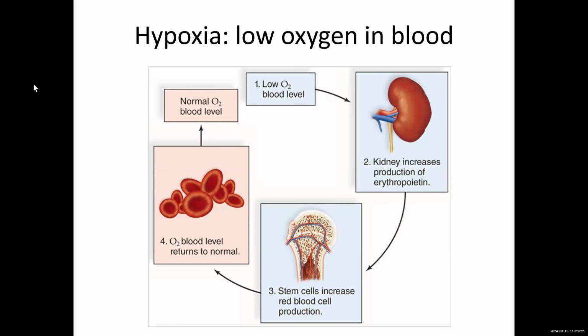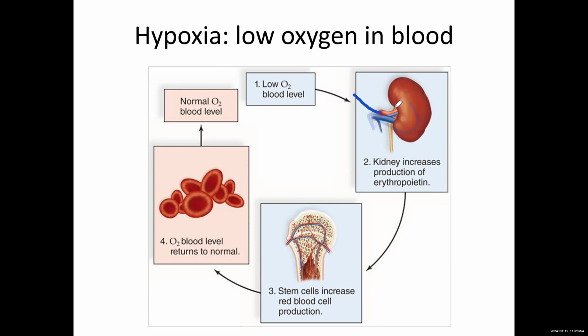So what happens if you don't have enough oxygen in your blood? Low oxygen is called hypoxia. Hypoxia is a low oxygen blood level. Now, the kidney is a very vascular organ, so there is lots of blood flow to the kidney, and the kidney filters the blood, and filtered blood returns back from the kidney.